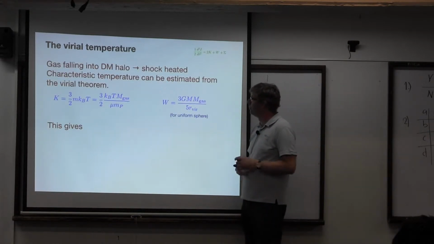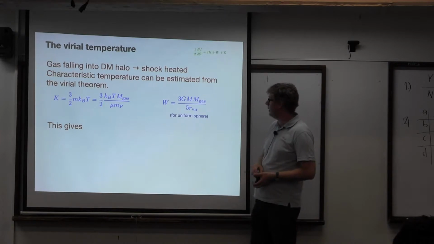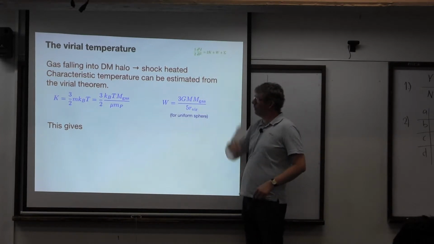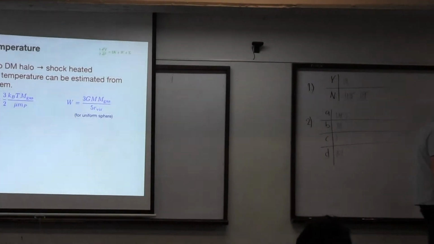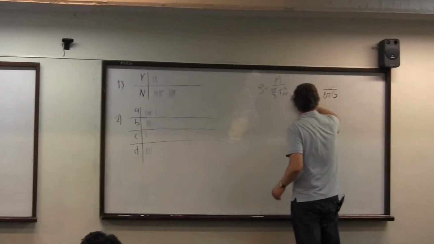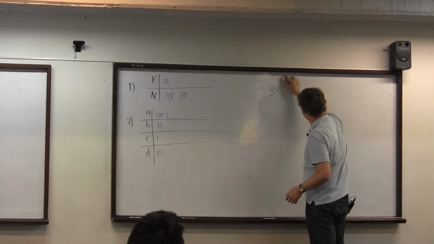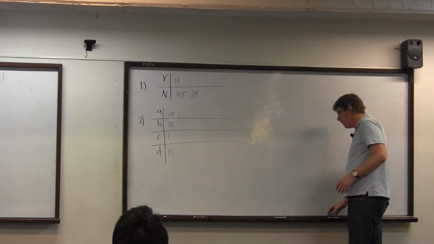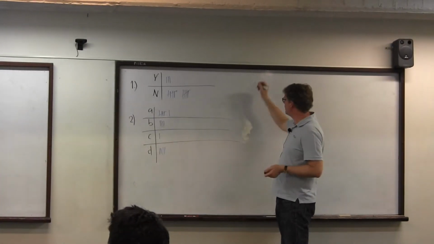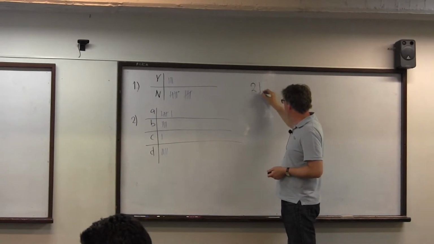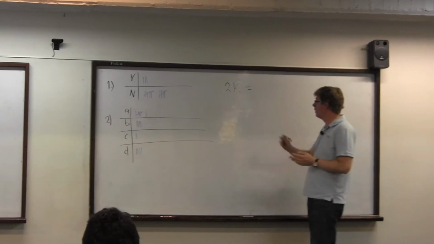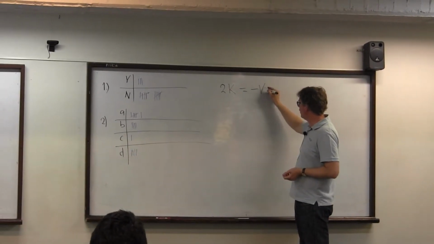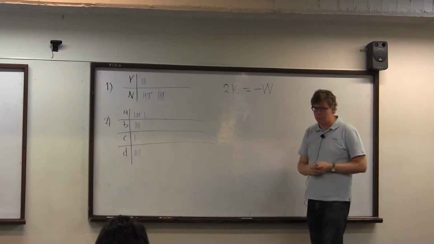We can also, just simply taking the virial theorem, and the full virial theorem you never use, because we're lazy. But basically the simplified virial theorem, which says that twice the kinetic energy is equal to minus the potential energy of the system. You can put that in.